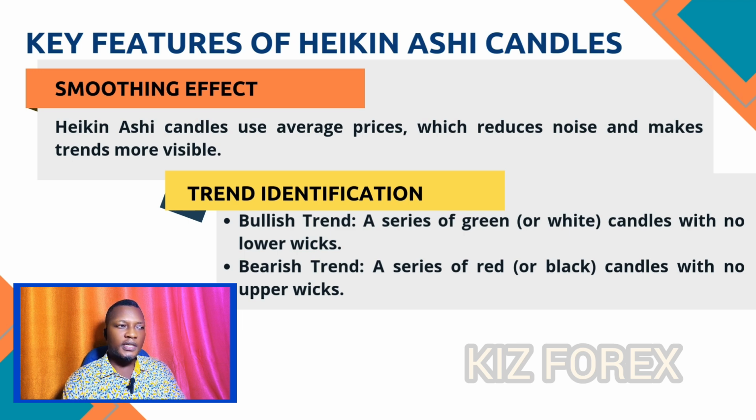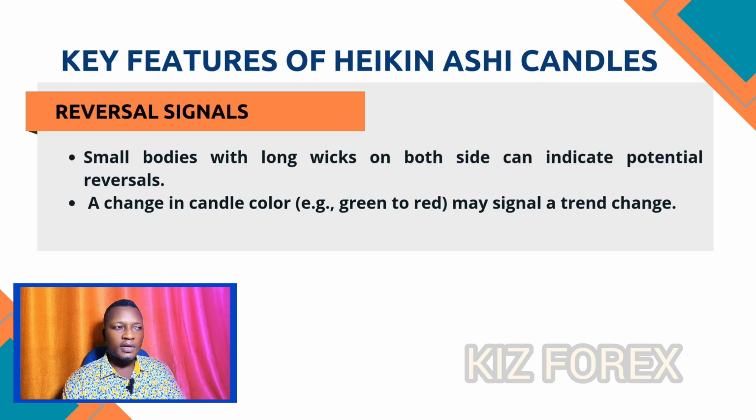Another key feature is the reversal signal. The reversal signal for Heikin-Ashi candlesticks is a small body with long wicks on both sides, indicating a potential reversal, and a change in candle color from either green to red or red to green is another indication of a reversal in the market.